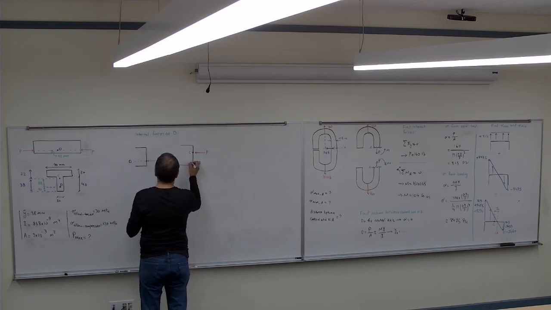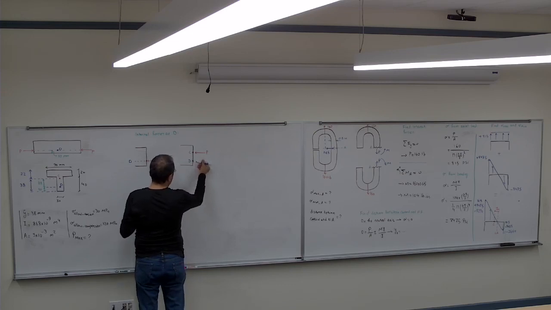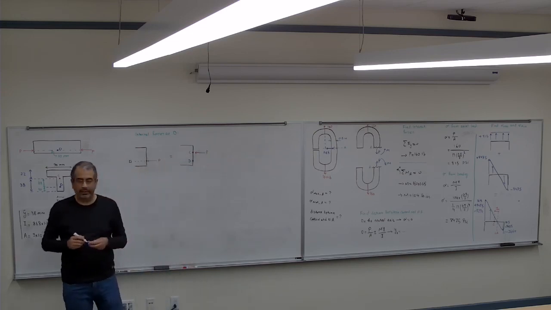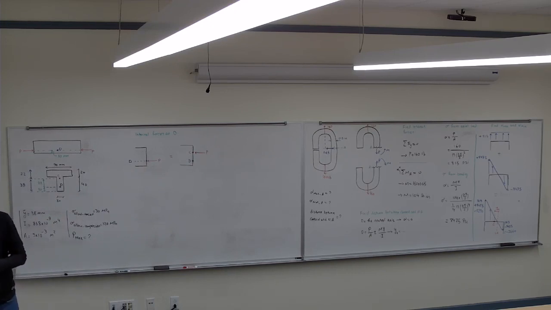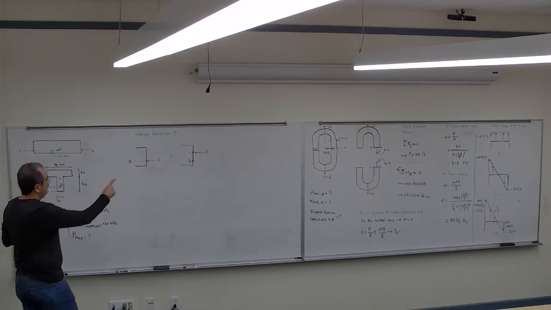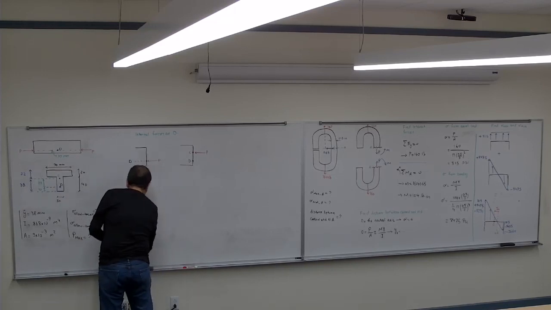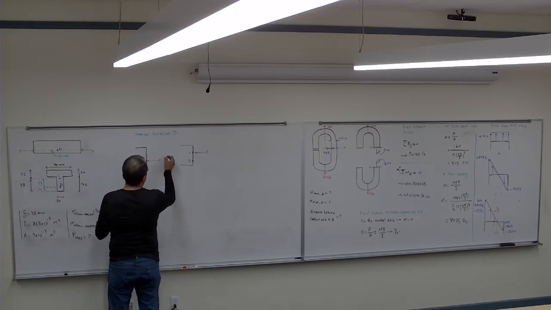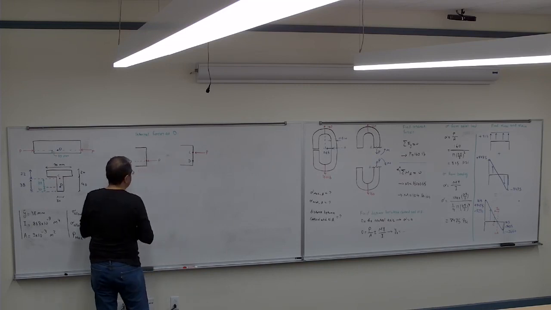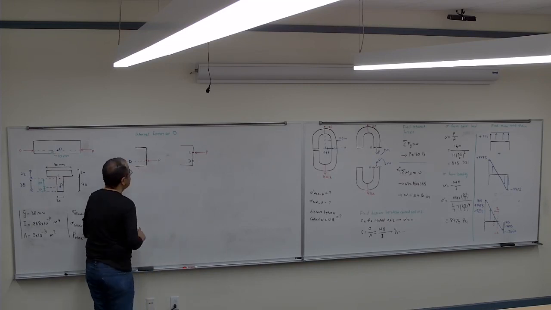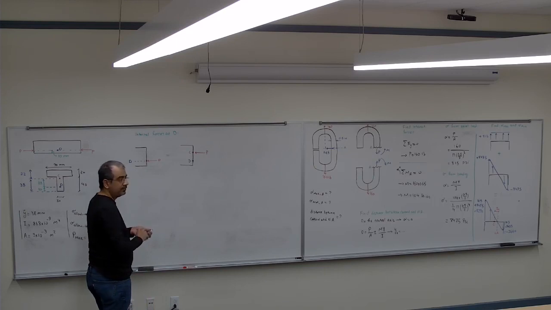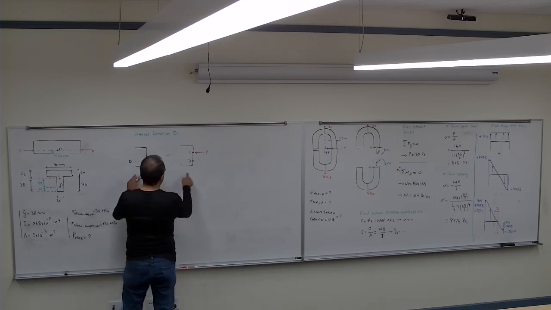So there's a point D. And I want to move the force from the point D to the centroid. If I move it to the centroid and I want these two to be equal, what should I do? Because right now they are not equal. Correct? So how am I going to make these two equal?